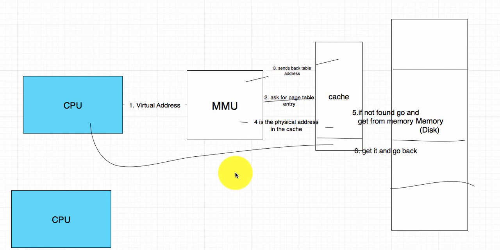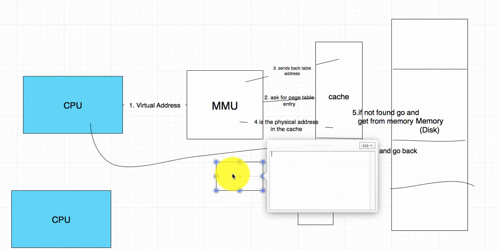And if my page table gets extremely huge, I'm going to have multi-tiered page tables. I could have one page table here, one page table here, one page table here.